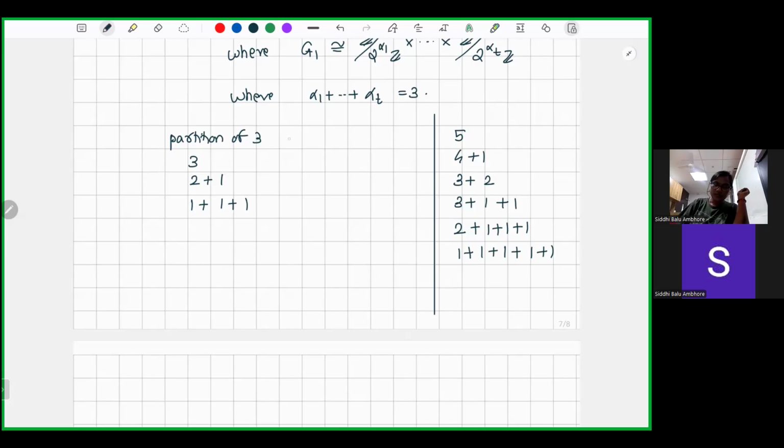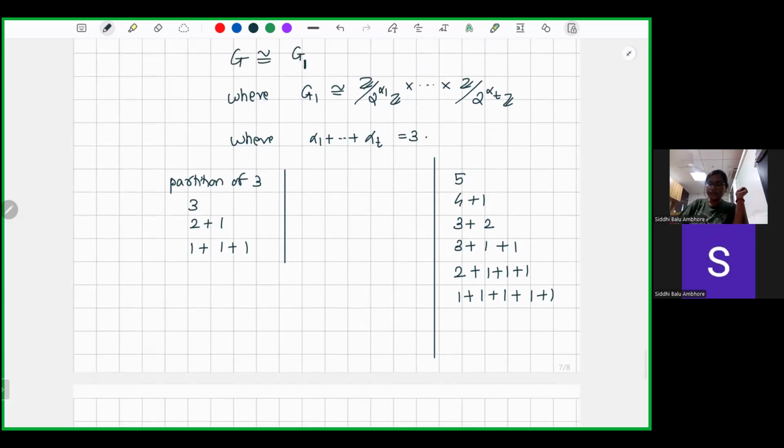So the corresponding group here will be Z mod 2 power alpha 1 Z. This is my alpha 1, alpha 2, alpha t. So this is only 3 here, so 2 cube Z, which is Z mod 8Z.